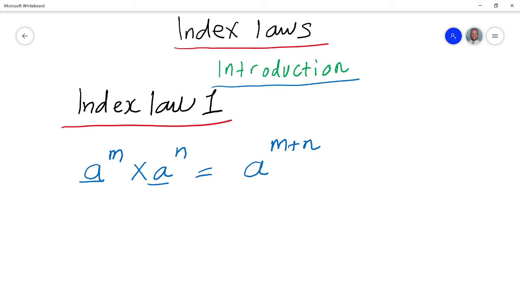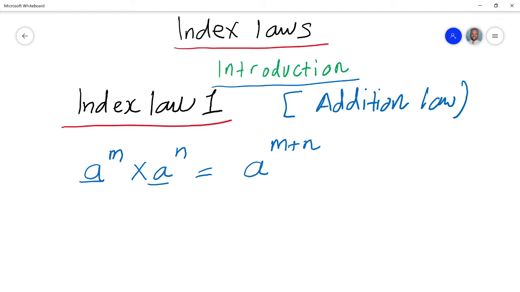Sometimes we refer to this as the addition law, because when you've got bases multiplied, all you need to do is add the powers. So a to the power m times a to the power n is equal to a to the power m plus n.